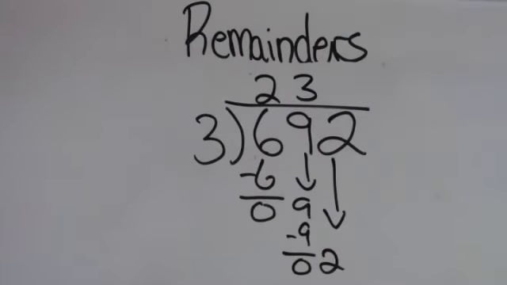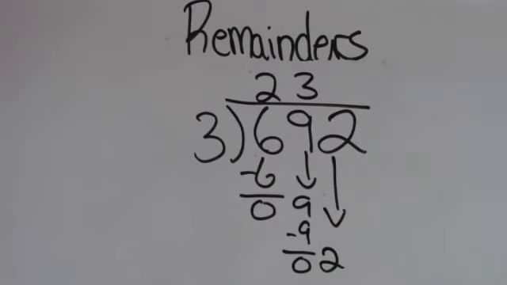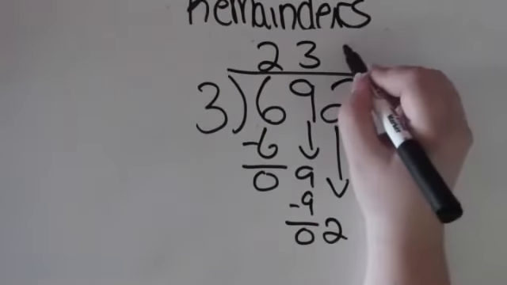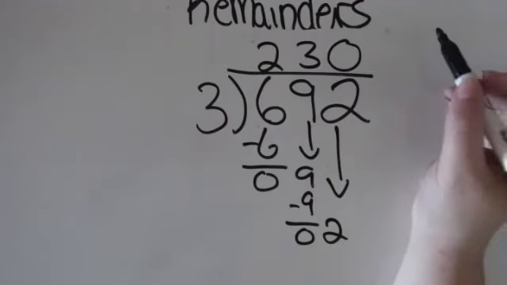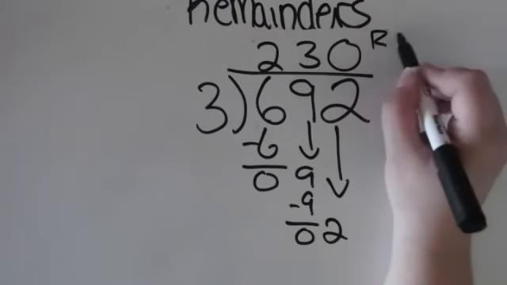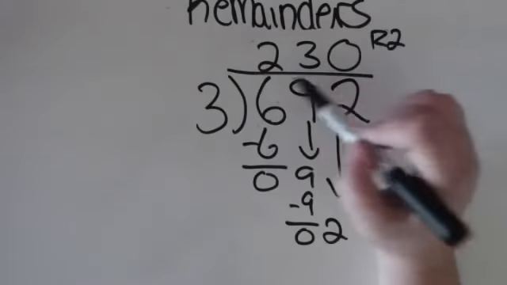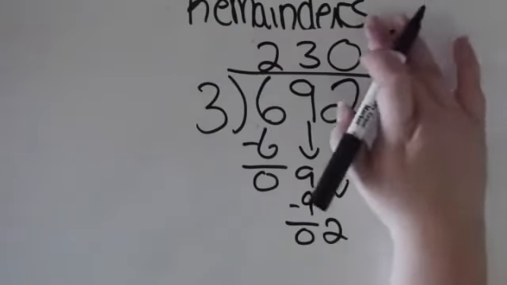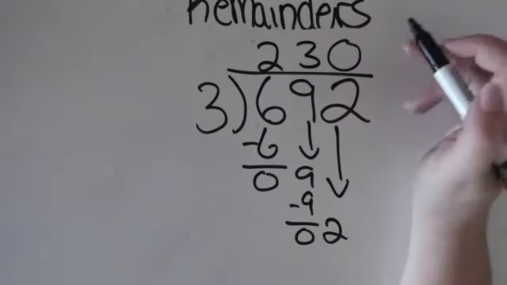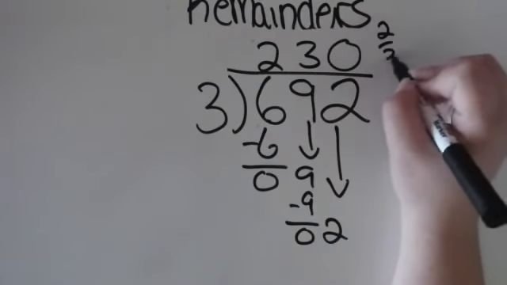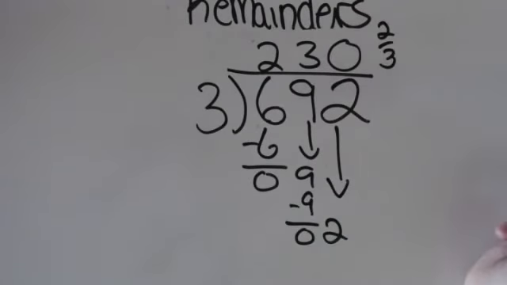3 does not go into 2. So that means I now have a 0 here, because 3 does not go into 2. And again, traditionally, I would have remainder 2. But if I want to make my quotient into a mixed number, I would have 230 and 2/3 in each group.